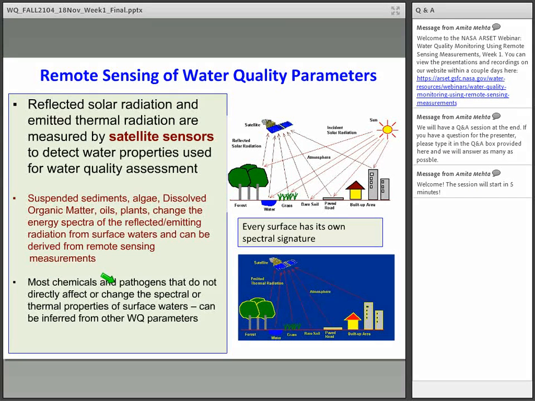They cannot really change the energy spectrum or radiation spectrum of reflected light, or cannot change the color of the water. Then these cannot be sensed directly from satellite measurements, but they have to be inferred from other water quality parameters. So there are a number of parameters which really can be observed from satellite.